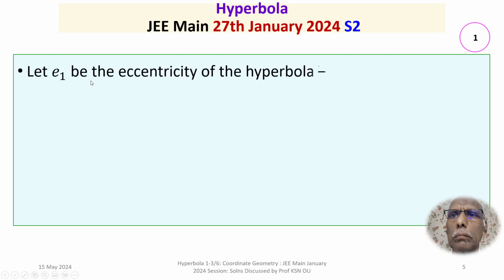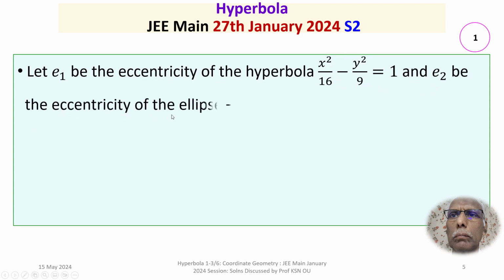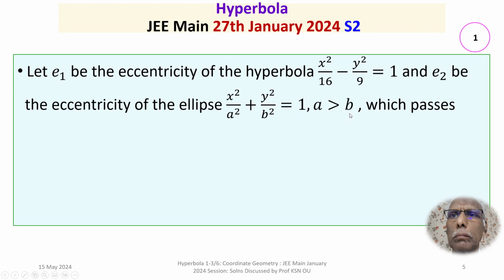Let E1 be the eccentricity of the hyperbola x squared by 16 minus y squared by 9 is equal to 1. We are given E1 is the eccentricity of this hyperbola, and E2 be the eccentricity of the ellipse x squared by a squared plus y squared by b squared is equal to 1, where a greater than b.